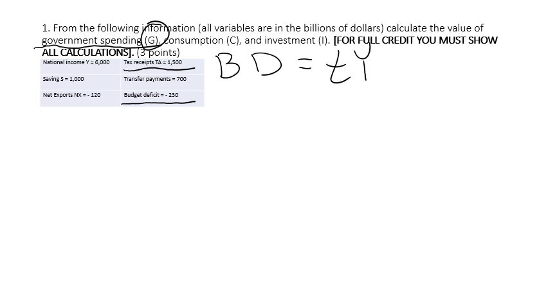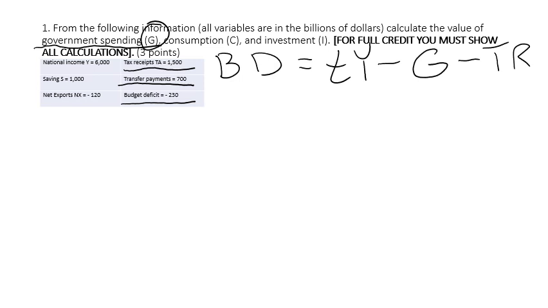And then government outlays. And there are two parts of government outlays here, right? So we have to subtract these government outlays from tax revenues. So we have minus G, that's what we're trying to calculate, and we have minus TR, transfer payments. And we're given transfer payments, there it is, $700 billion.